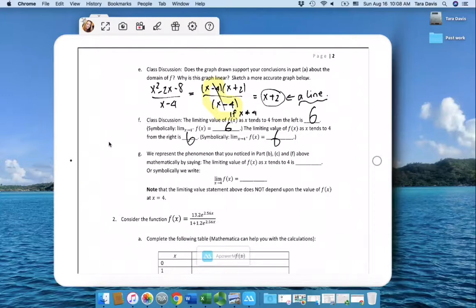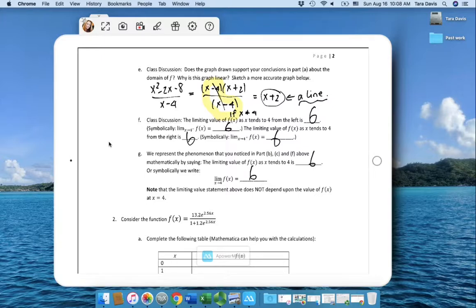So the left limit is 6, and the right limit is 6, and then we can say that the two-sided limit is also 6. Please note that a two-sided limit exists if and only if both the left and the right limit exist, and they're equal. So we can state that the limit is 6.